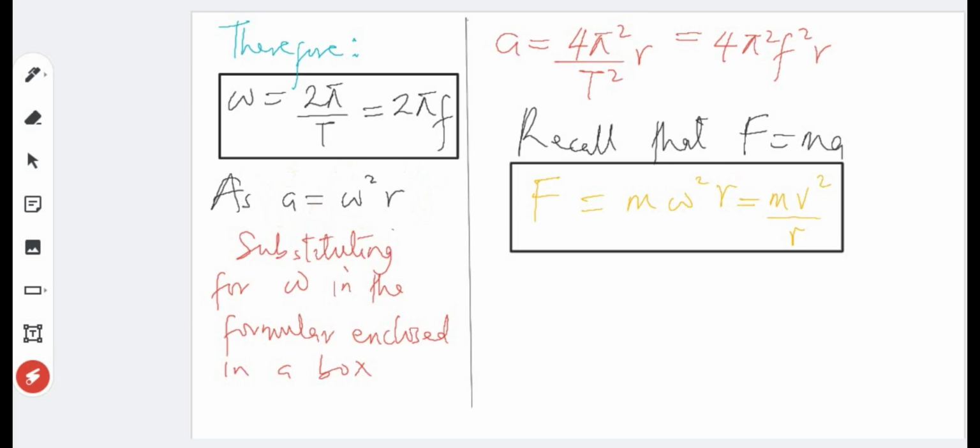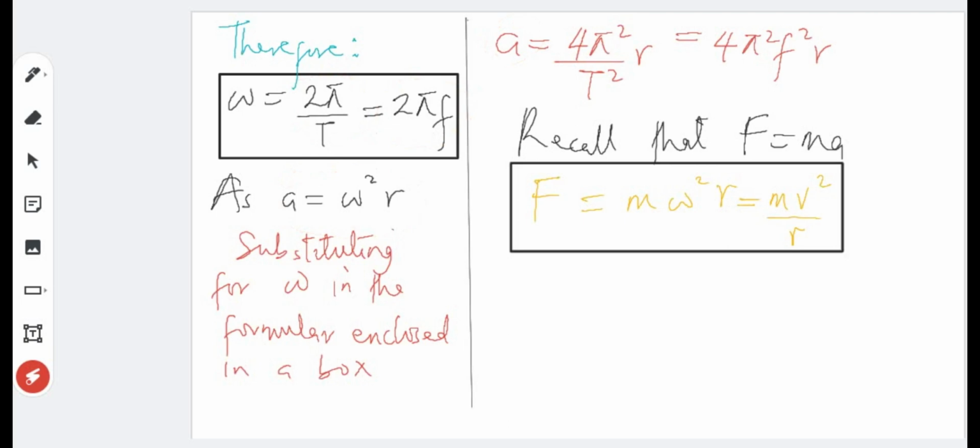So you will discover that if a is equal to omega squared r, and you substitute for omega in the equation we have here, the enclosed box, you see that the acceleration is 4 pi squared over T squared times r. You can verify that because a is omega squared r, and omega itself is 2 pi over T or 2 pi f. So substituting, you will find that a is 4 pi squared over T squared r, which is 4 pi squared f squared r.